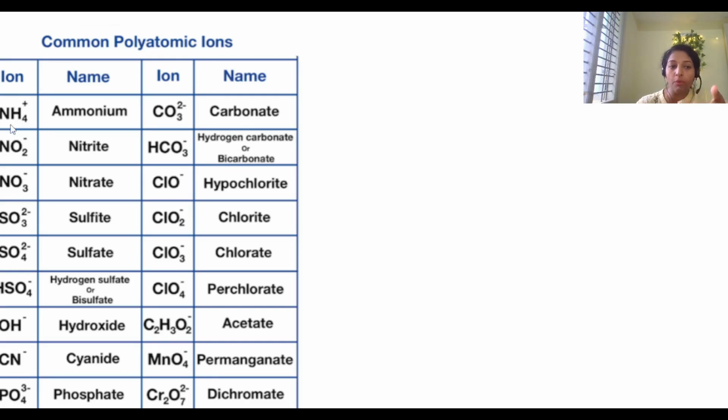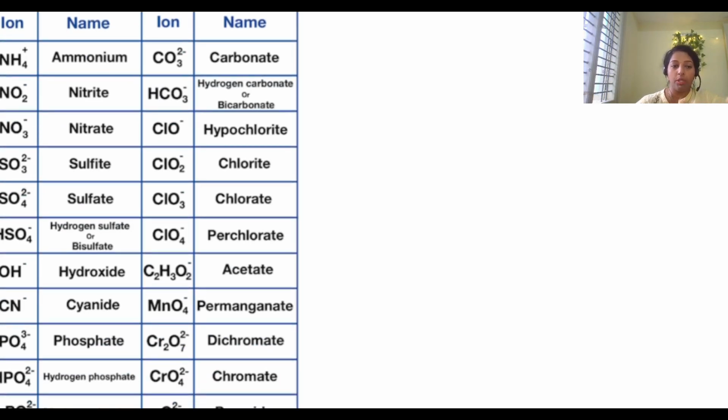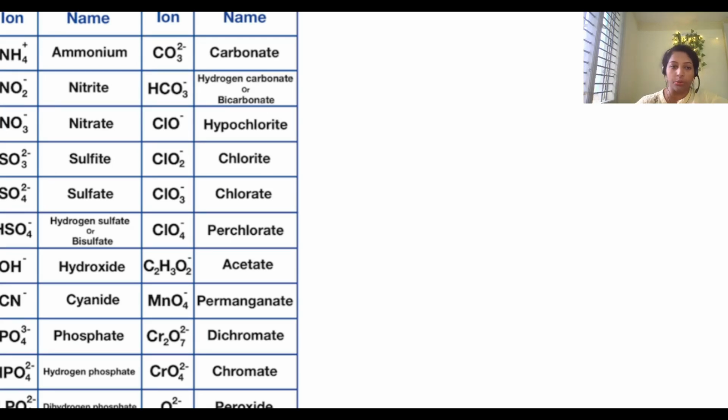Here a group of atoms, nitrogen and hydrogen, plays the role of cation, and that is called ammonium, right? Ammonium is the only positive one shown here. Usually the anion is more common in polyatomic ions, like we are commonly used to thinking.